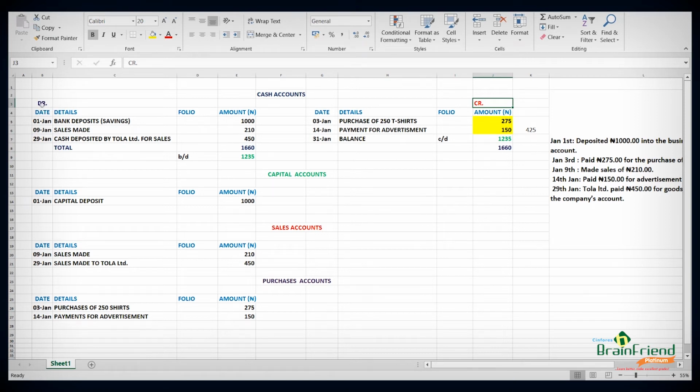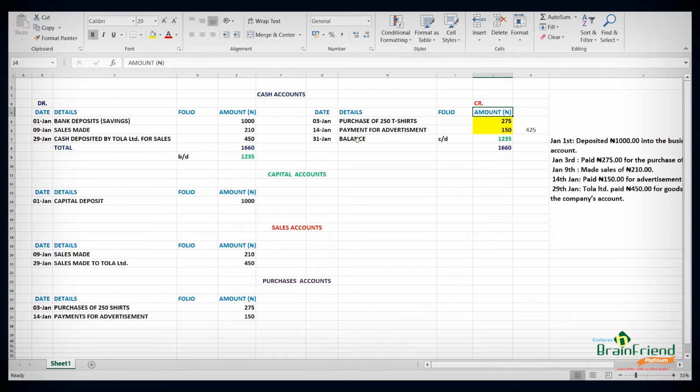Both debit and credit sections of a typical account sheet have the date, the details of the transaction, the folio number, if any, and then you have the amount. As well as on the credit side, you have the same thing, your date, the details of the transactions, folio number, and then the amount.